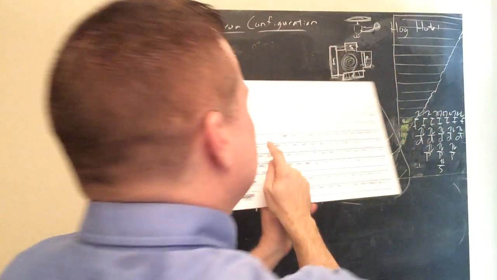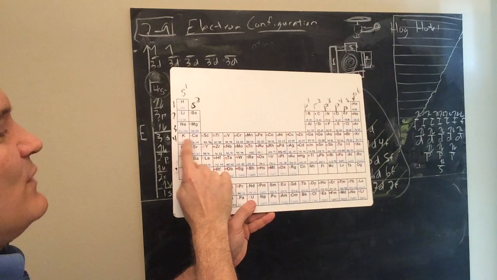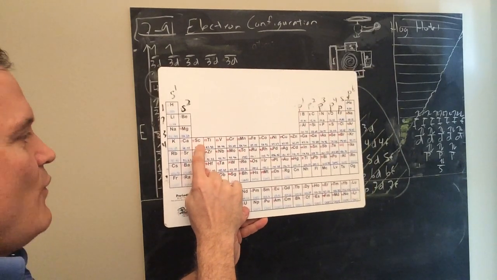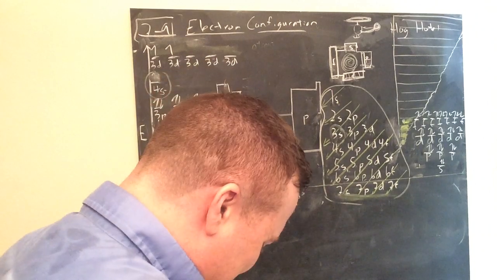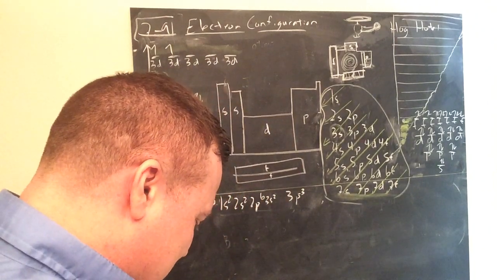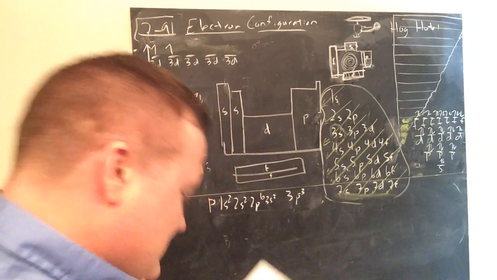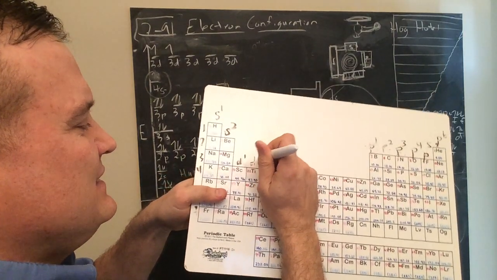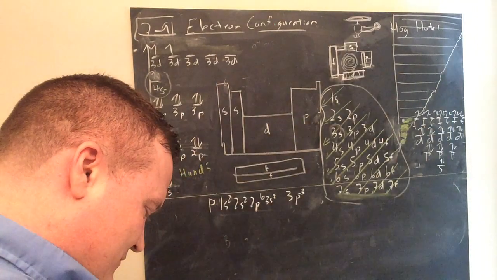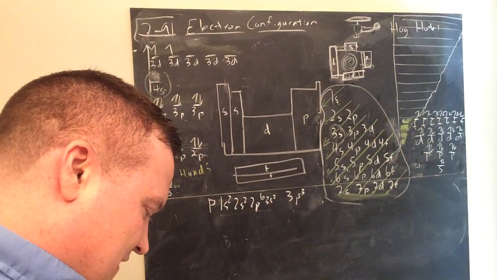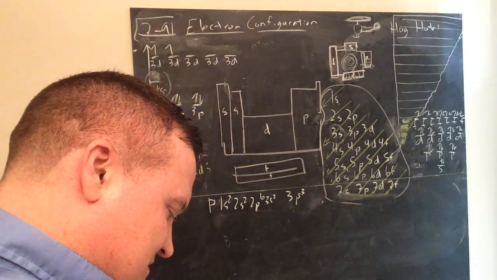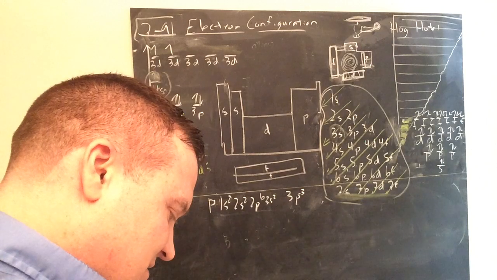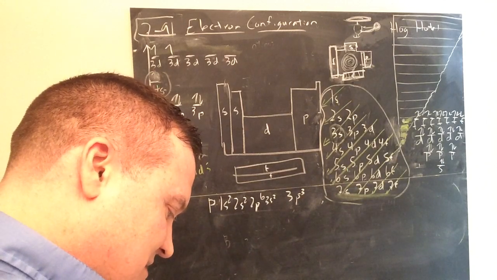And that's why these are the d blocks. So after 4s1, 4s2, that will be 3d1. I don't know if I can write that all down with this pen. 3d1, d2, d3, d4, d5, d6, d7, d8, d9, d10.